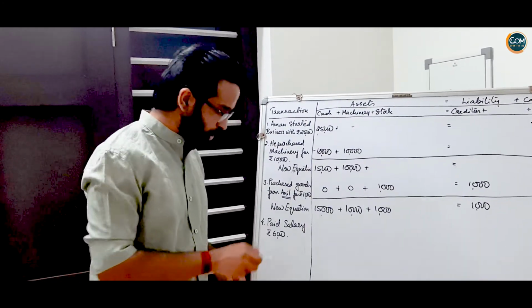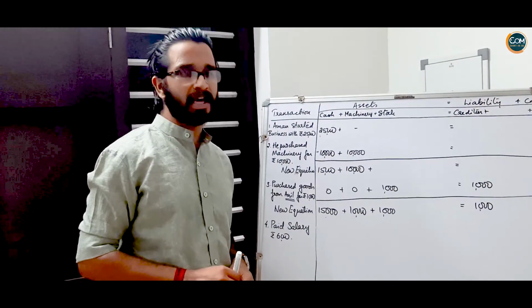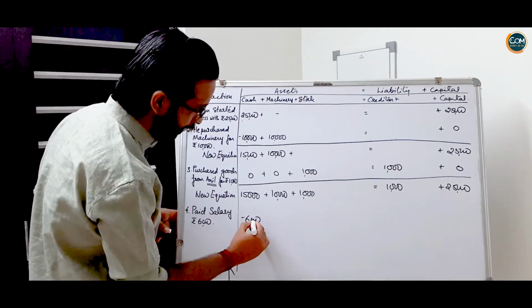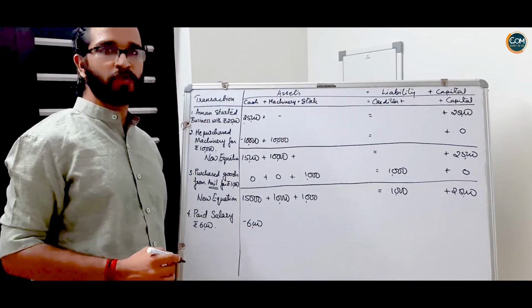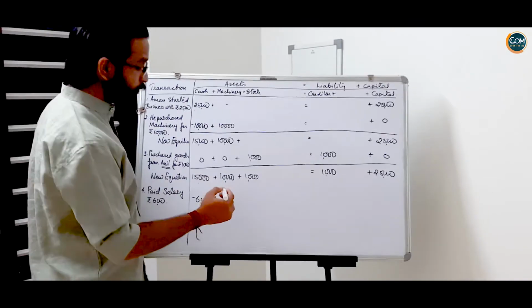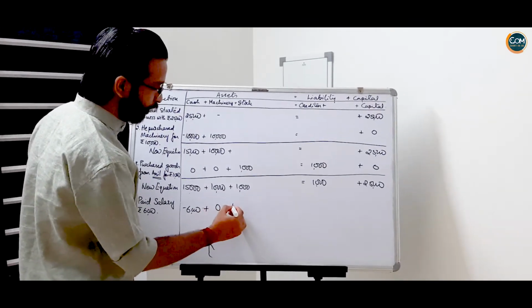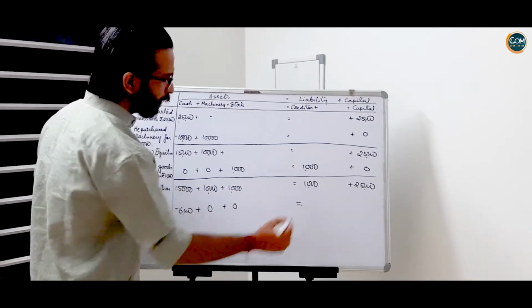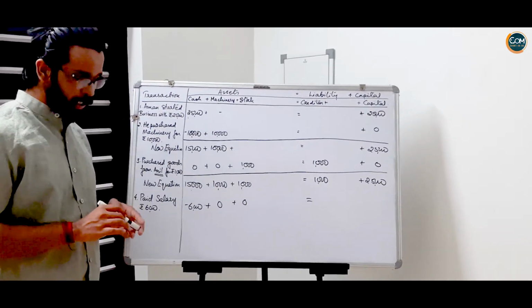As you can see, when you pay salary, it is evident that the cash will be reduced by that much amount. But where will the next entry appear? There will be no change in the value of machinery or in the value of stock. Then where will this amount appear?